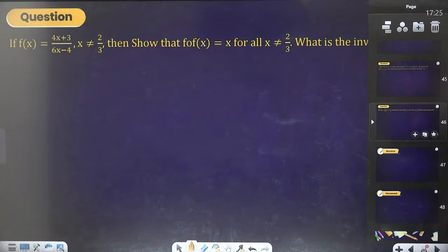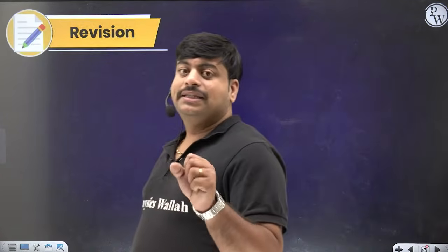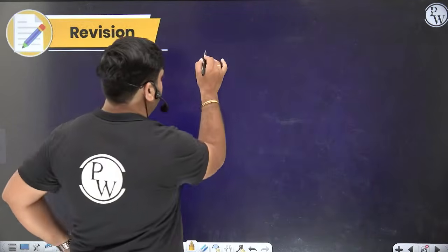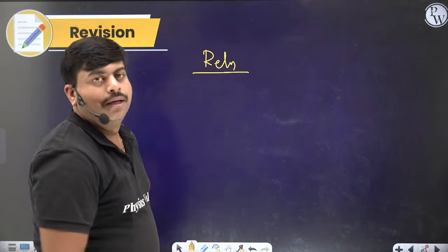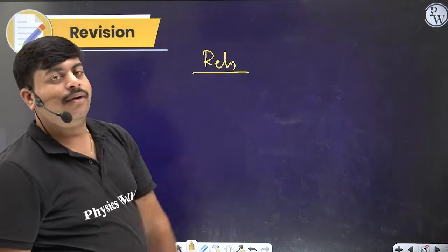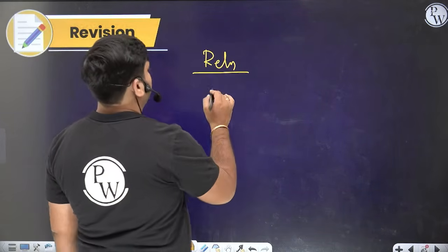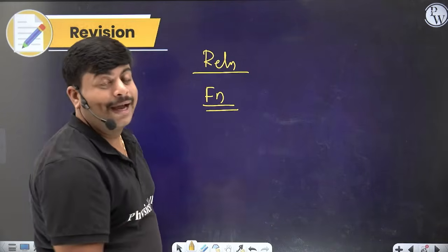All right. So people, what have we discussed in today's class? We discussed what relations are, and the different types of relations: reflexive, symmetric, transitive, and all this will become equivalence. And then we discussed functions, different types of functions, domains, codomains, inverse.